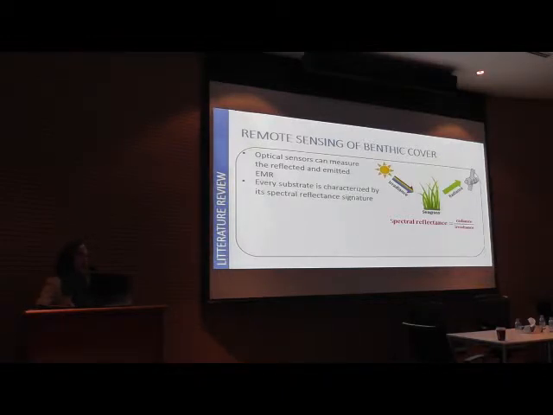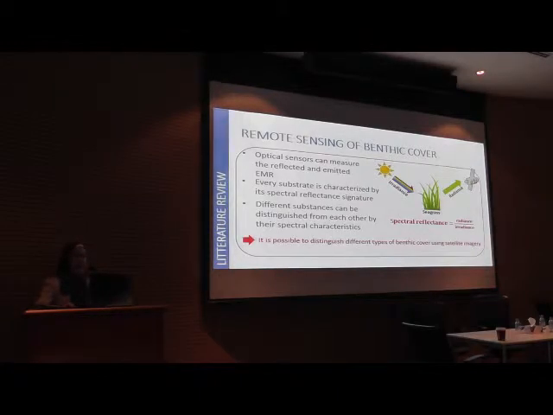Every substrate on the surface of the Earth is characterized by its spectral reflectance signature. Spectral signatures of the same substances are the same and different for different substances. So different substances can be distinguished from each other by their spectral characteristics, and that's how it's possible to distinguish different types of benthic cover using satellite imagery.